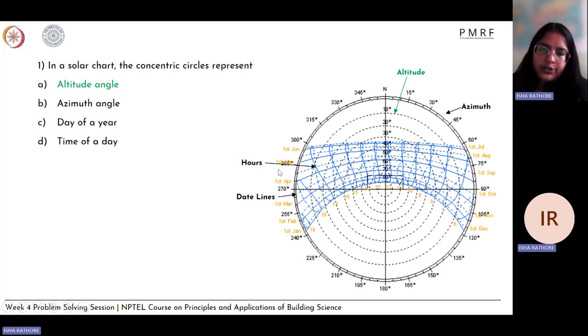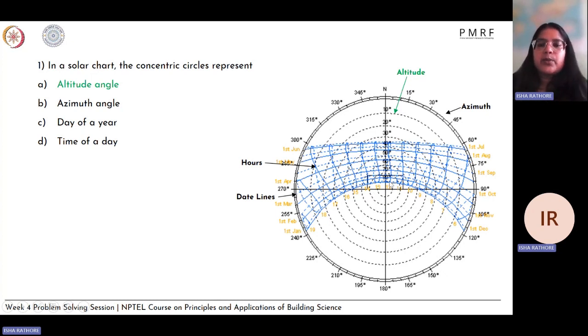So it goes from January to June here and July to December here. And then these are the hour lines, which correspond to different hours of the day. So this is 6 a.m. The sun rises close to 5 in December, and then it sets close to 7. So 19 is 7, 18 is 6. These are the hour lines.